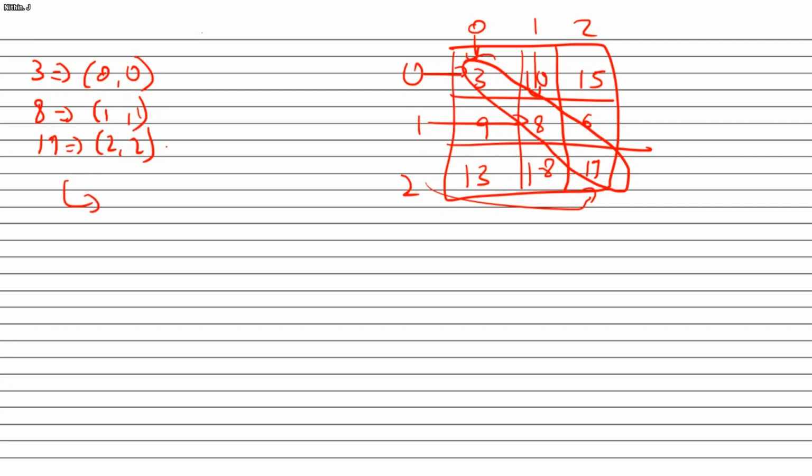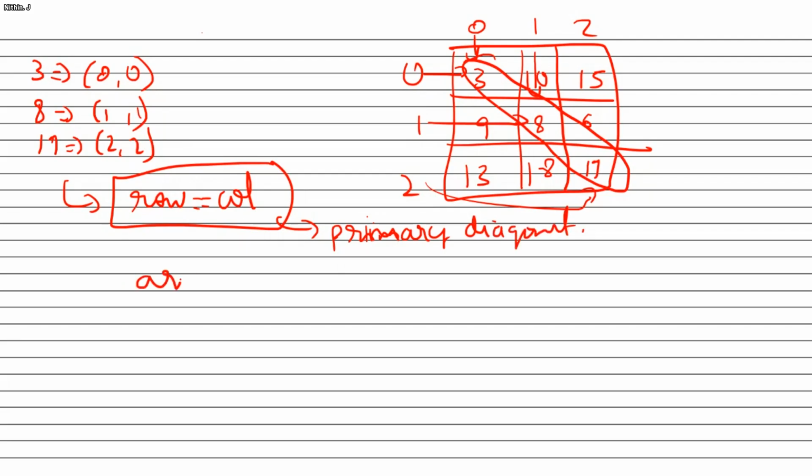As you can see, there is a simple pattern occurring in the diagonal: the row and the column indexes are the same for the primary diagonal. If I write it in a generalized structure, I can access the diagonals of any matrix just by writing this line.